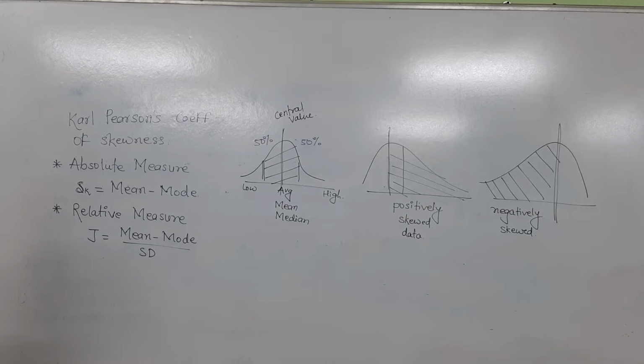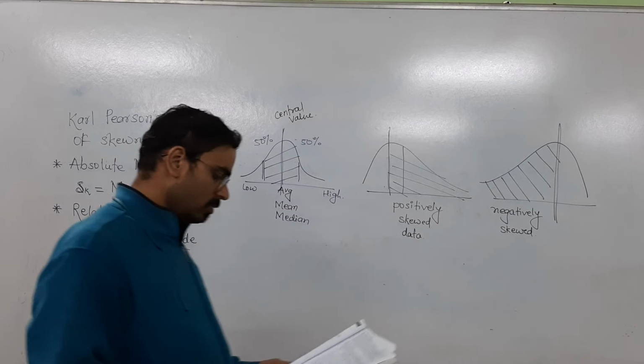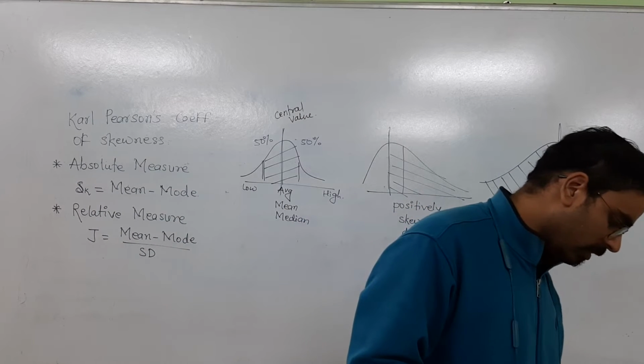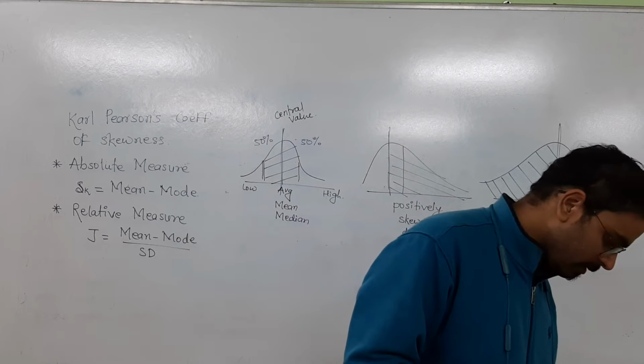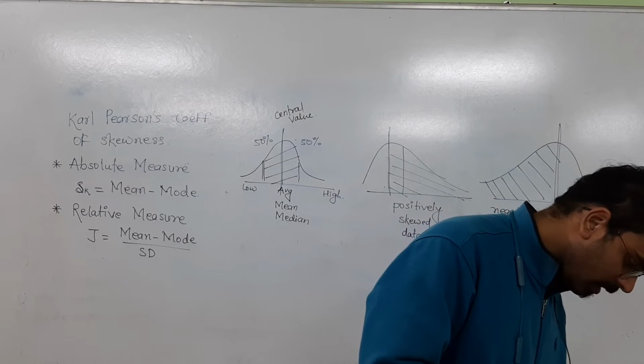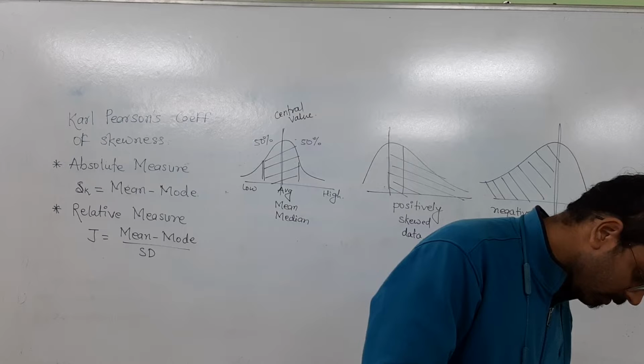That is the formula. Okay. So Karl Pearson has given two formulas. One is absolute measure, that is Sk equals mean minus mode, and relative measure J equals mean minus mode divided by standard deviation. Okay. So this is the formula of Karl Pearson coefficient of skewness.